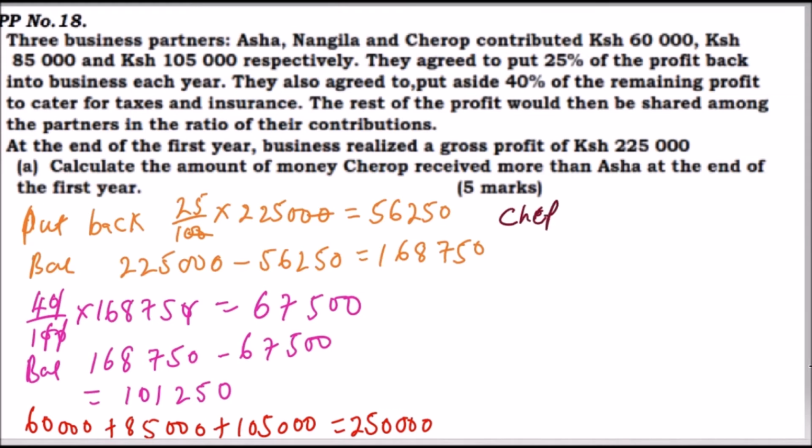So we can say Cherop had contributed 105,000. You divide by 250,000, the total amount contributed, and you multiply by the profit to be shared, which is 101,250, and when you compute that, you'll be able to get that.